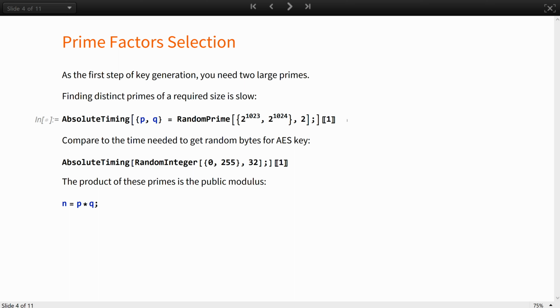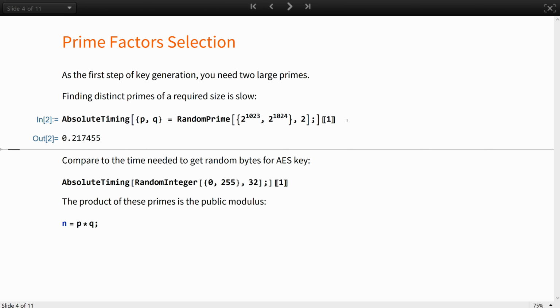A primality test is needed to relatively quickly determine whether a given large number is prime or composite without having to factorize it, for which no efficient non-quantum algorithm is known, as you know. The generate and test process runs until two distinct primes of the required size and not too close to each other are found.